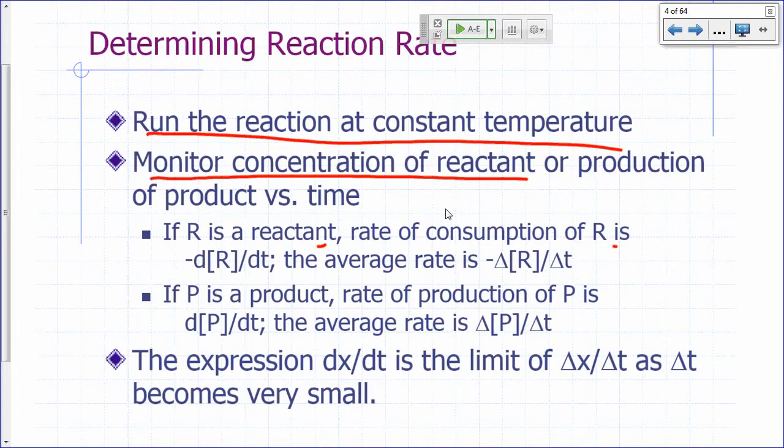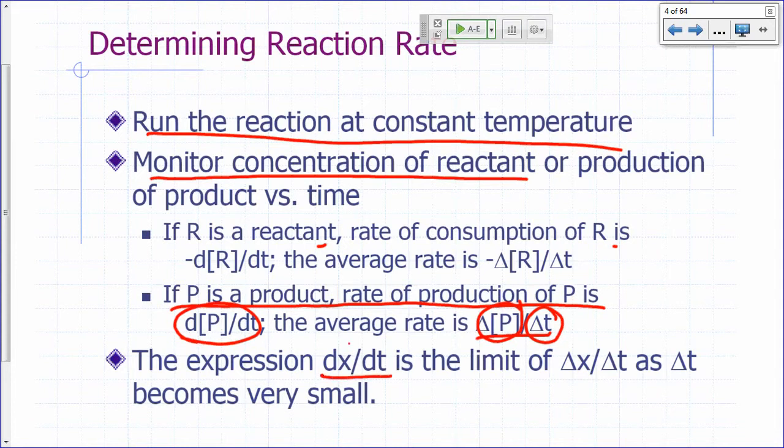Okay. Now, if P is a product, then the rate of production of P is this expression right here, dP dt, the derivative of the concentration of product with respect to time. And the average rate is the change in the concentration of product divided by the change in time.